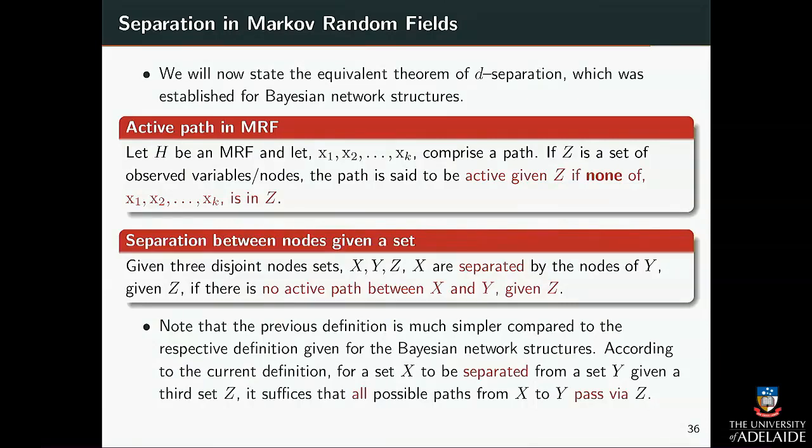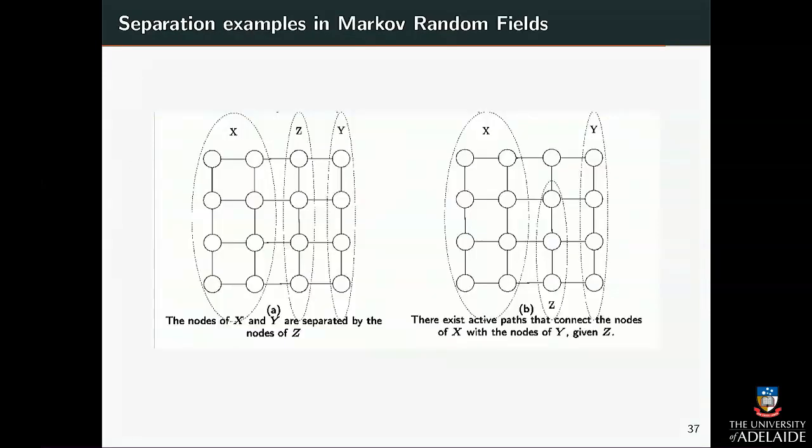In fact, X and Y are separated given Z if every path that starts from X and ends in Y has to go through Z. And so these are separated, because you have to go through Z. Here there is this way of not going through Z, so these are not separated. They are connected.